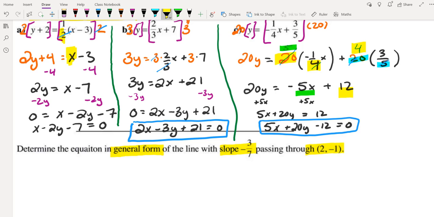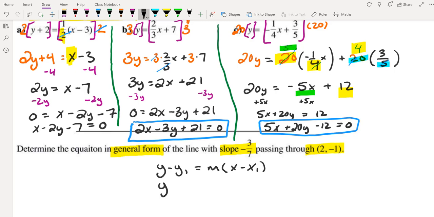So the method we're going to use is our slope-point formula, which was y minus y1 is equal to m multiplied by x minus x1. Okay, we plug in the values.